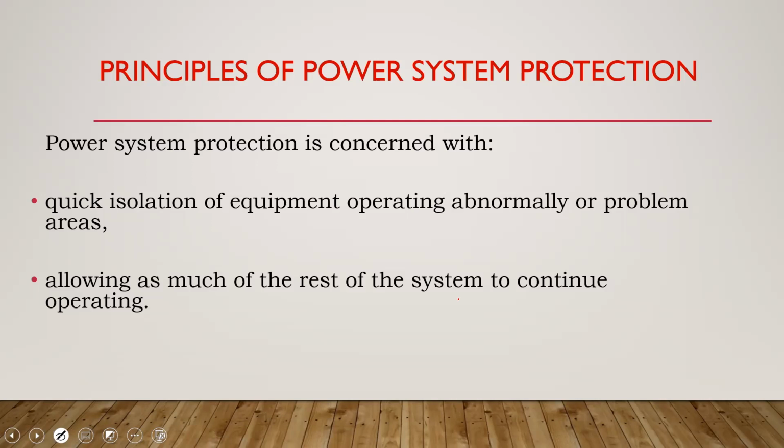Part of the reason for quick isolation is that, given the need to provide a reliable power supply, I can't afford to have important equipment being damaged. One of the most protected pieces of equipment in a power system is your generator, because generators are not only expensive, but in terms of replacement, that is a major undertaking.